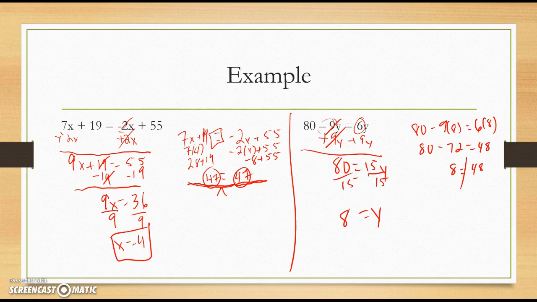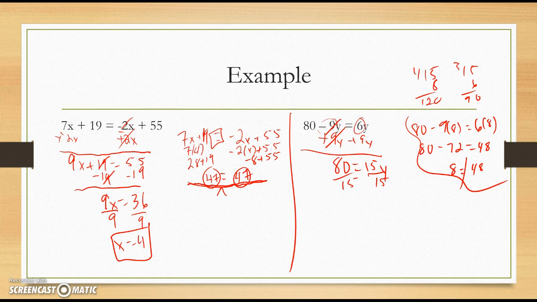So I've got to go back. I'll leave this there so we can look at that, but I'll erase right here. I know that 15 times 8 is 120. So I was way off. 6 times 15 is 90. So that tells me that 15 will not go into 80.